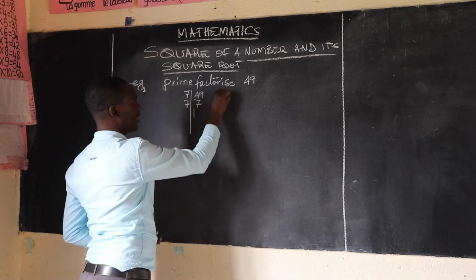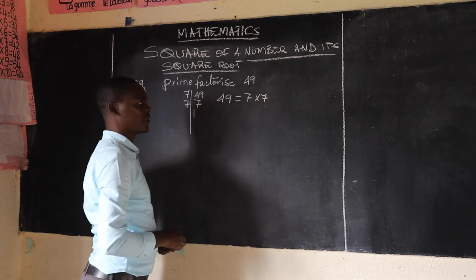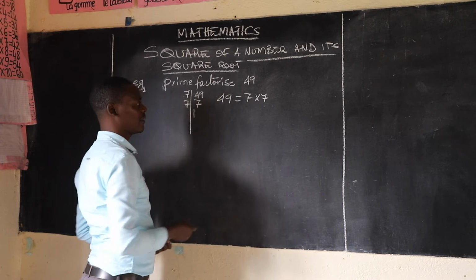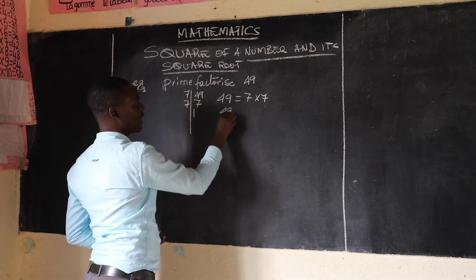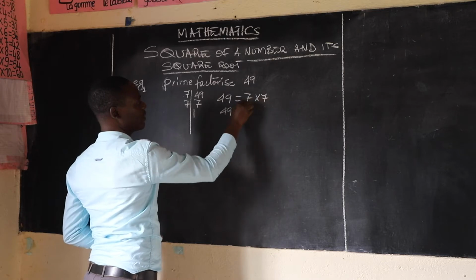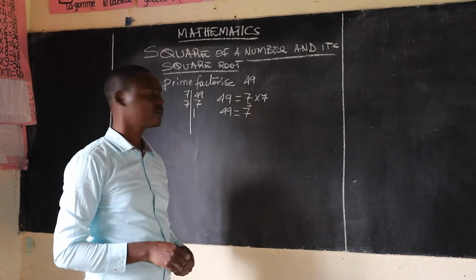Now, our 49 equals 7 times 7. We said when it repeats, no need of writing like this. We simply say 49 equals 7, where 7 comes 2 times. That is 7 squared or 7 power 2.